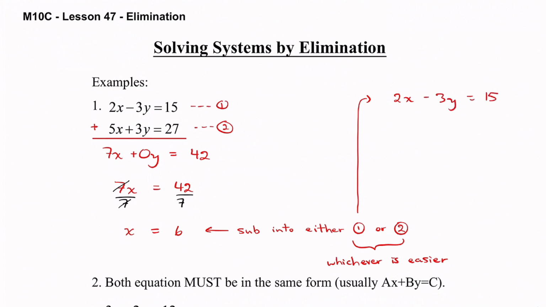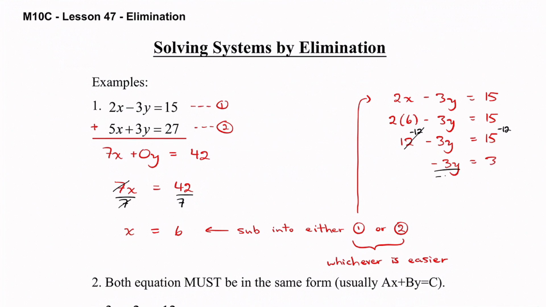But I knew that x was equal to 6. So it's going to be 2 times 6 minus 3 times y equals 15. And then 2 times 6 in the front there is 12. And the rest can just stay the same. And then we want to isolate this y. So I will subtract 12 from both sides. These 12's will cancel. So we only have minus 3y, and then equals 15 minus 12, that's 3.